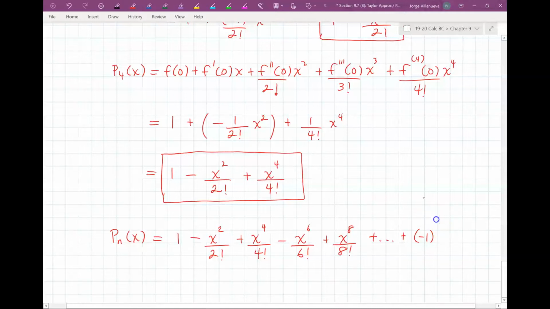Nope, that can't be right. Hold on. I'm thinking this the wrong way. It's oscillating, so negative 1 to the n. Let me see. If I plug in, if I want the 0th, that would have to be positive, so that would be right. Yeah. And then it would be x to the 2n over 2n factorial.